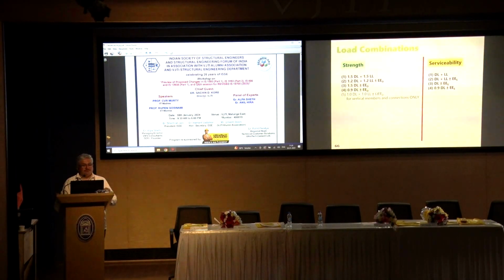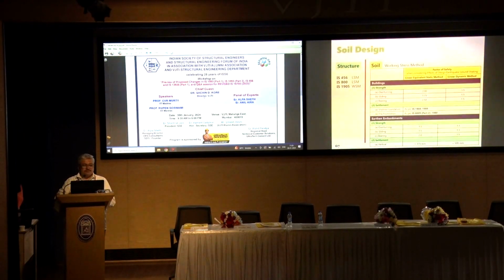We have much more confidence in the Z values that we are considering, and therefore there is little need for an additional partial load factor to take care of uncertainty. All the uncertainties have already been taken care of. So we are not going to have an additional 1.5 load factor, 1.2 load factor and so on. So that's another important thing to know.